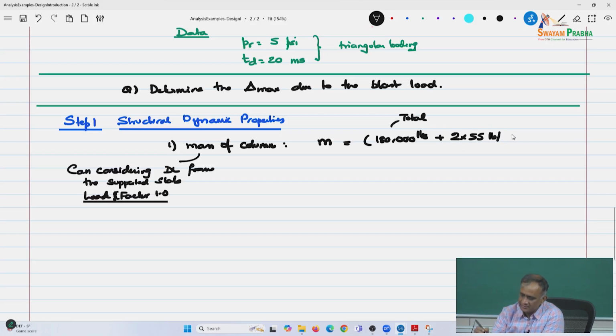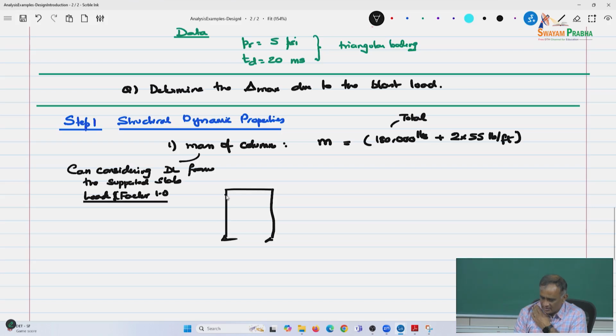Remember that here both columns are working together. You have a system with a rigid top and the system is working to deflect.